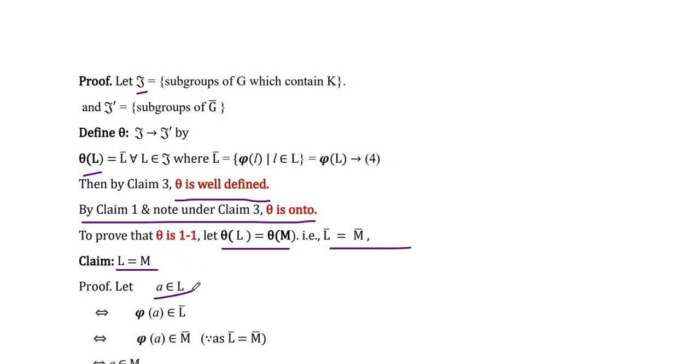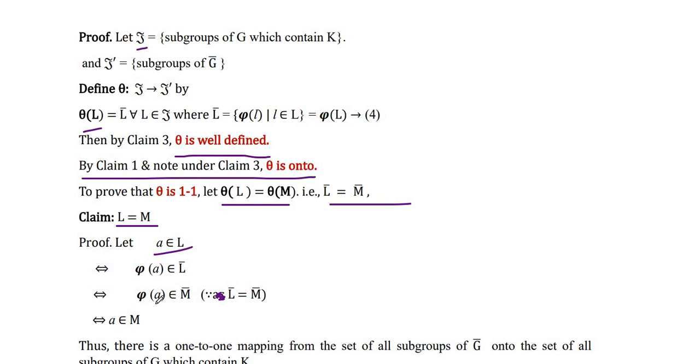So we will consider one A in L. So phi of A will be in phi of L, which is L bar, but L bar equals M bar. So you have your phi of A belonging to M bar, but whenever I have phi of A in M bar, A should be there in M. That is from the description of the relation between M and M bar that we have given. So you have A belonging to M.